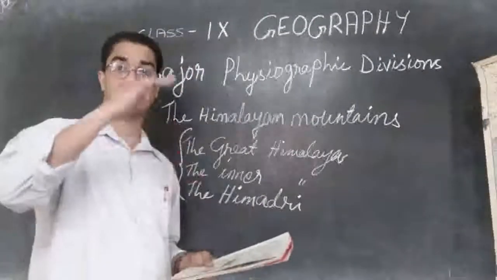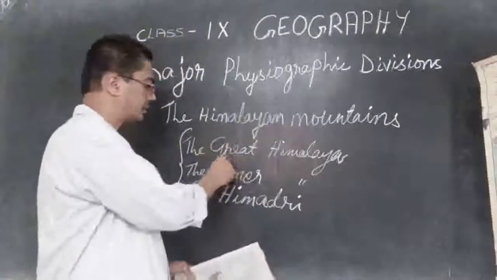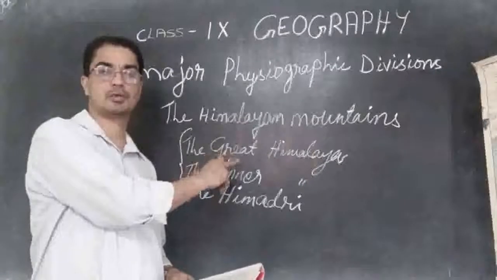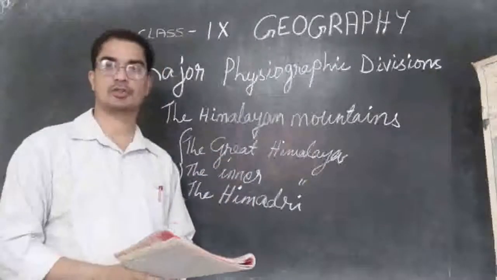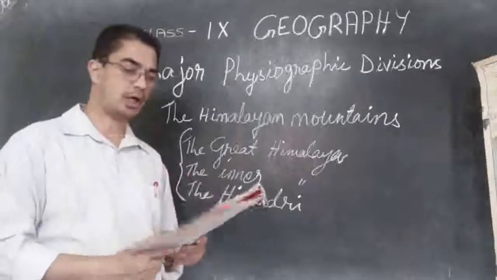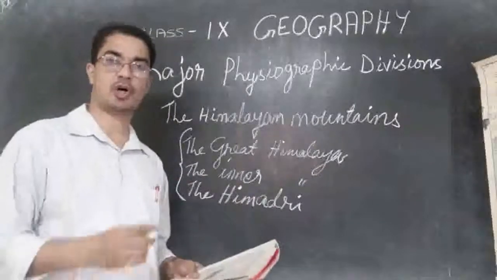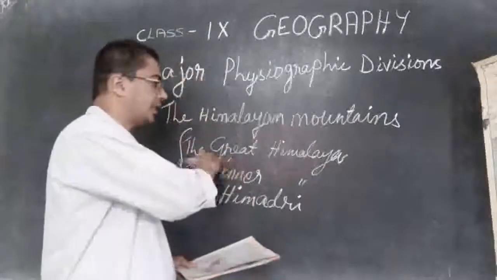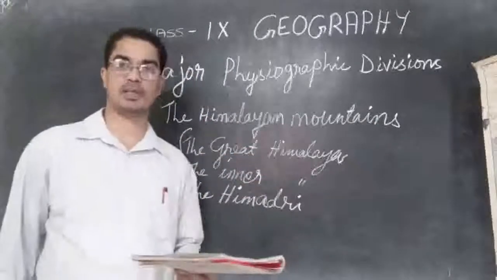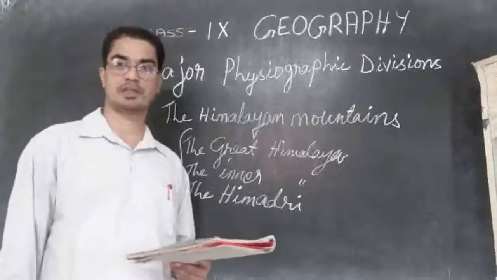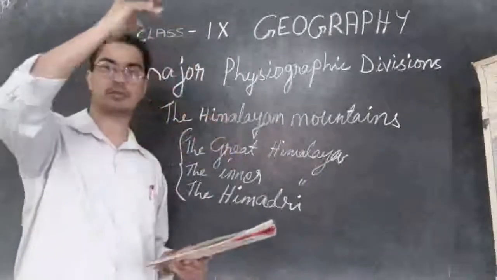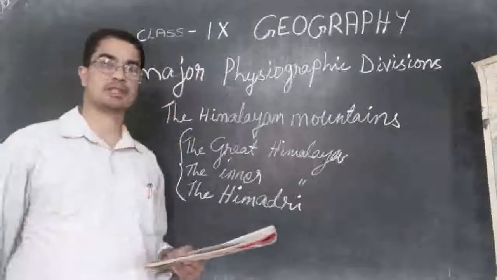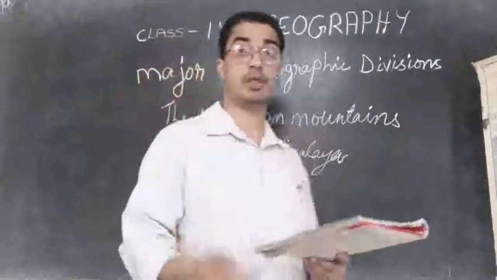So most of the high peaks will come in this northernmost range, the Great Himalayas. If we take the average height of the peaks in this range, the average height is 6,000 meters. Some of them will be 6,000 or even more.